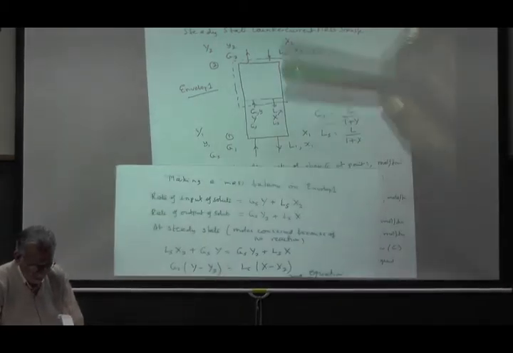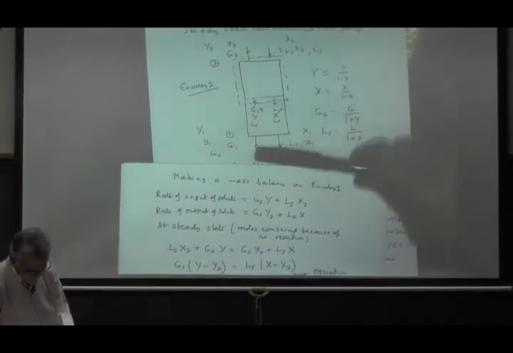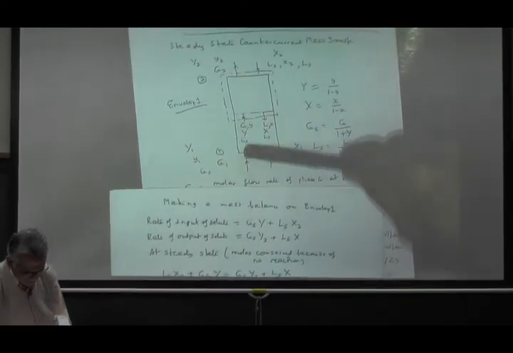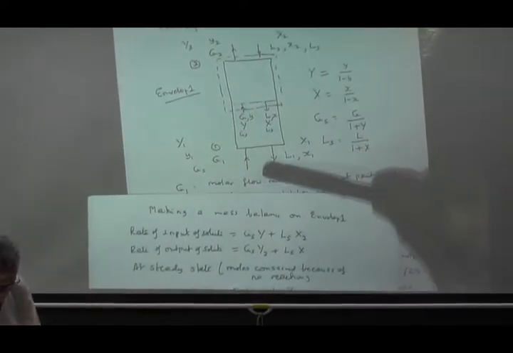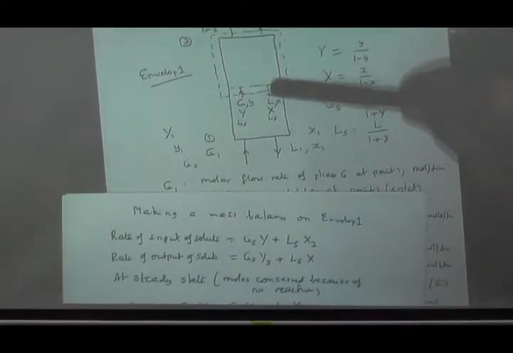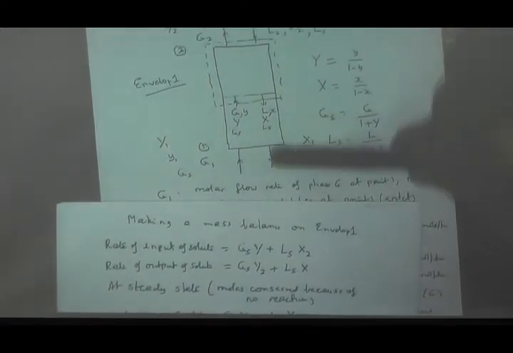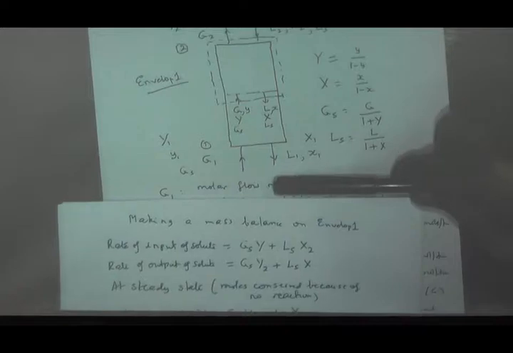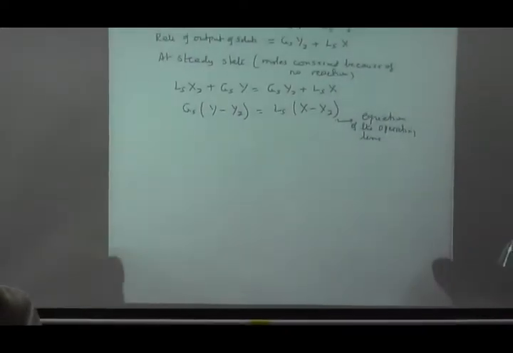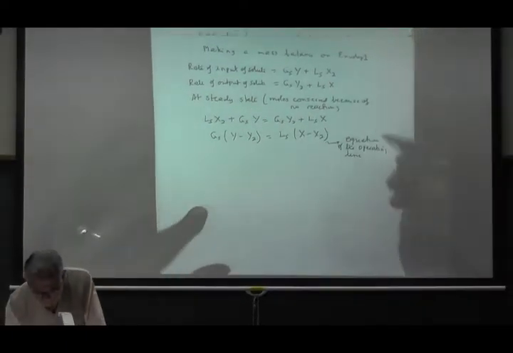You could have made a balance from here to here. Similarly, you could have G1 coming in, GS times Y1 plus Ls times X is equal to GS times Y plus Ls times X1. So that is also one way of doing it. But anyway, let's look at this. So let's call this equation 1.